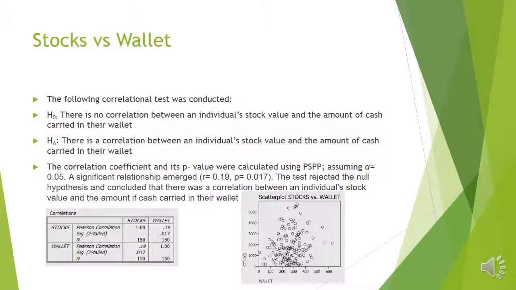Our statistical test then returned a correlation coefficient of 0.19 with a p-value of 0.017, again rejecting our null hypothesis, concluding that there was a correlation between an individual's stock value and the amount of cash carried in their wallet. Our correlation coefficient is greater than 0, and so we conclude that it is a positive relationship where the more money that's carried in one's wallet is usually associated with a higher stock value.